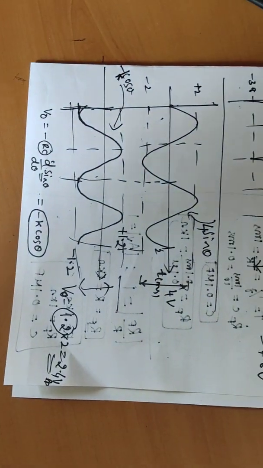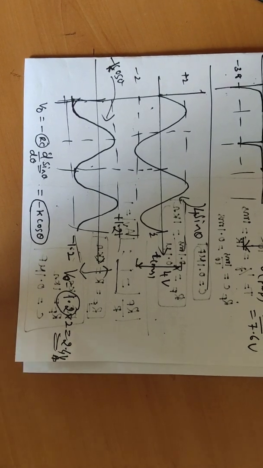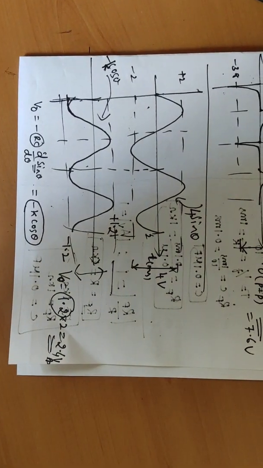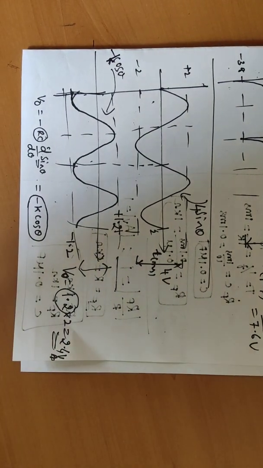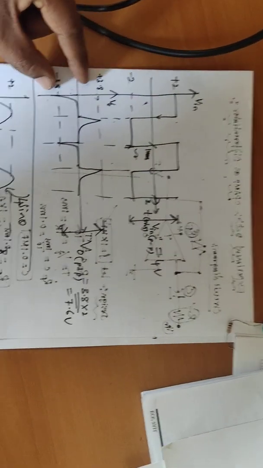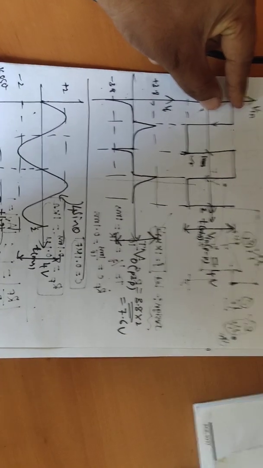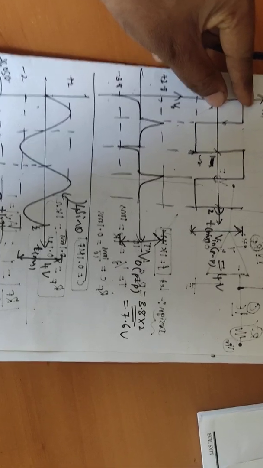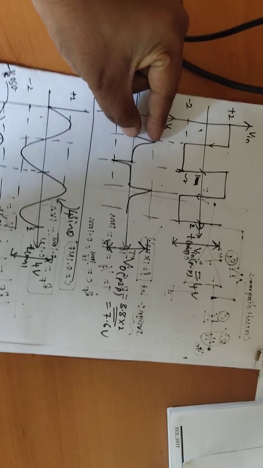Therefore, we have designed the differentiator circuit to operate for one frequency signal, and we have verified the working by considering two different shapes of input signals. One is the square wave. For square wave input, we get sharp pulses: during the positive half cycle we get a negative spike, and during the negative half cycle we get a positive spike, and the same thing is repeated.